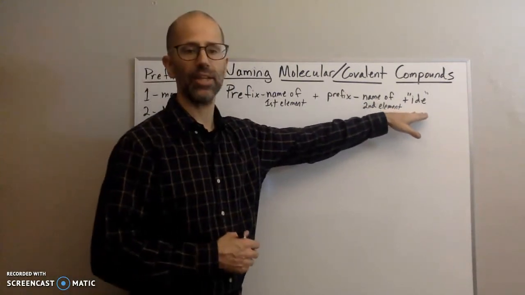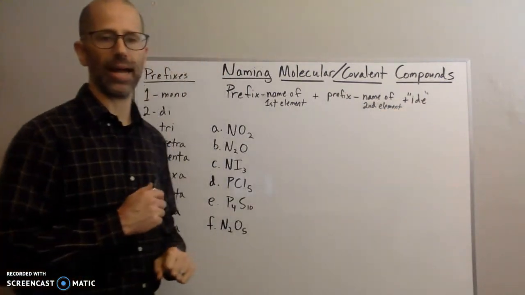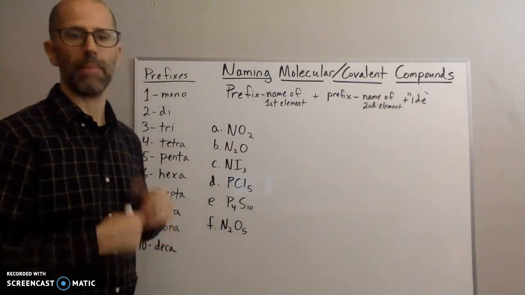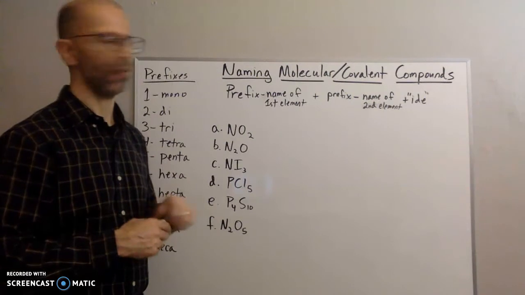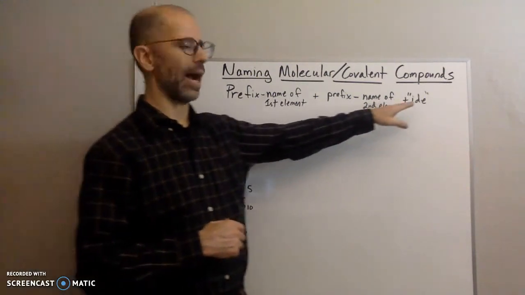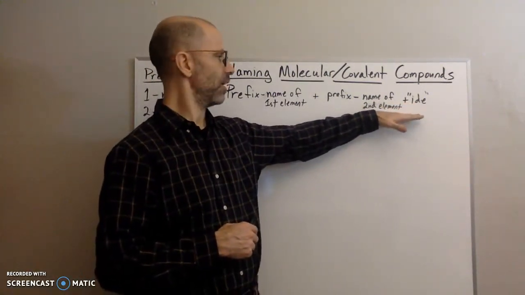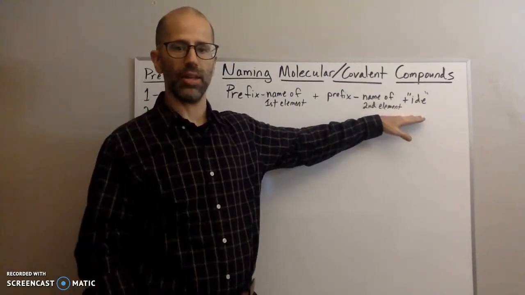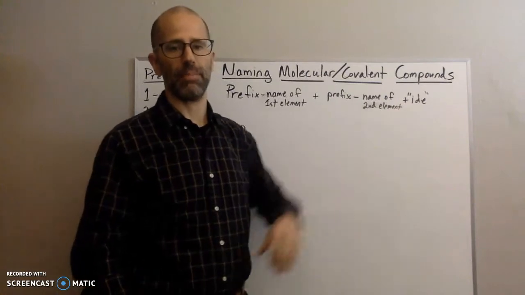But then again, just like the ionic compounds, that last part, if it's a binary ionic compound, you got to drop the ending and add IDE. So this part of the name is going to be very similar to the naming of the binary ionic compounds.